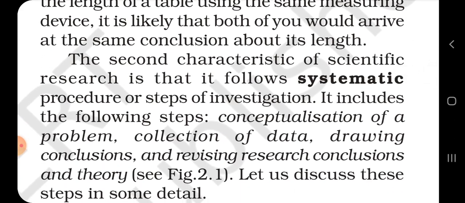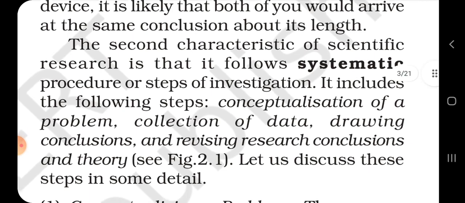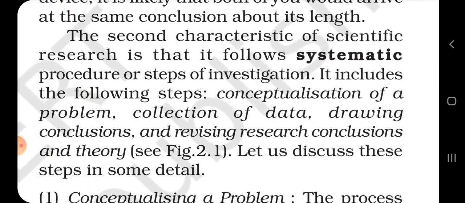The second characteristic of scientific research is that it follows systematic procedure or steps of investigation. It includes the following steps. 1. Conceptualization of a particular problem. 2. Collection of data. 3. Drawing conclusions. And 4.